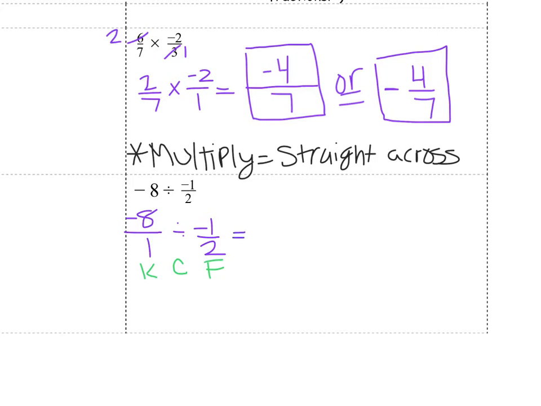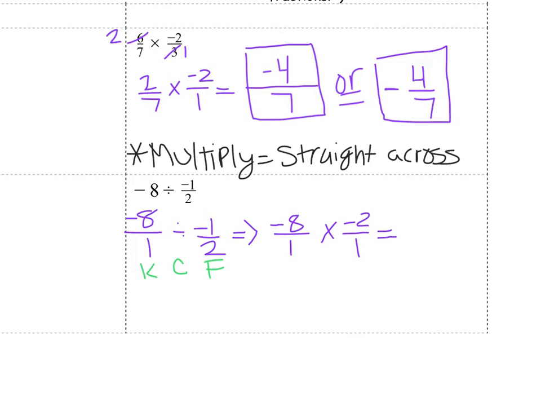So it should look like this, -8/1, because we're keeping. We're changing the division to multiplication, and then we're flipping the -1/2 to -2/1. This way, when we change the sign, we're also changing the fraction.